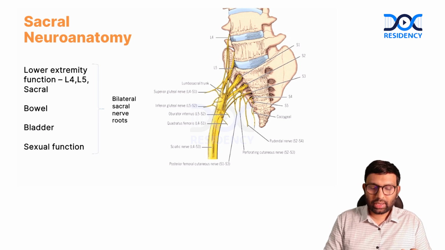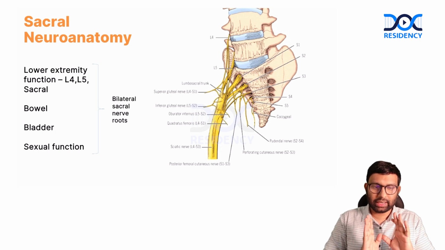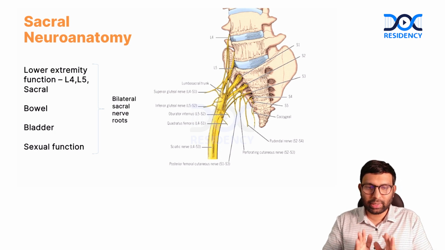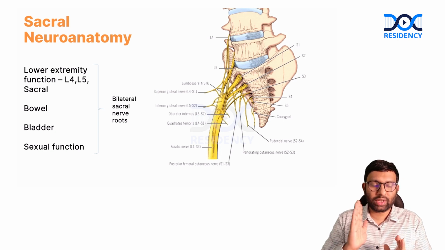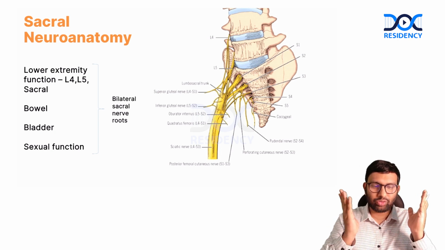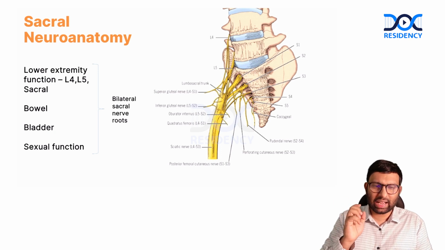Okay. And you have to understand this part, that whenever a patient comes in with deficits, mainly deficits of sacral function like bowel, bladder, and sexual dysfunction, it is not just involvement of one side nerve roots. We know that nerve roots are coming out from both sides of the foramen. If only one side's nerve roots are involved, it is very unlikely that the patient has a bowel dysfunction, a bladder dysfunction, a sexual dysfunction.